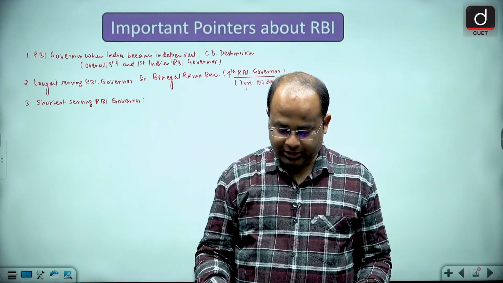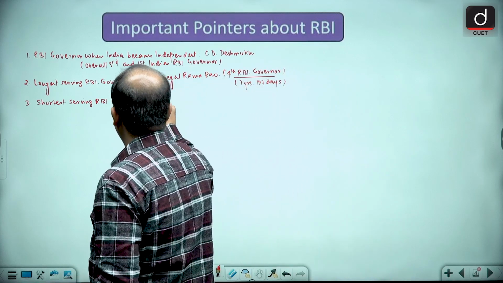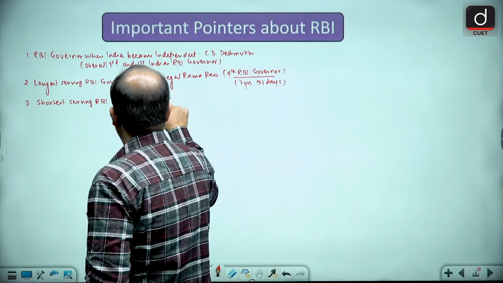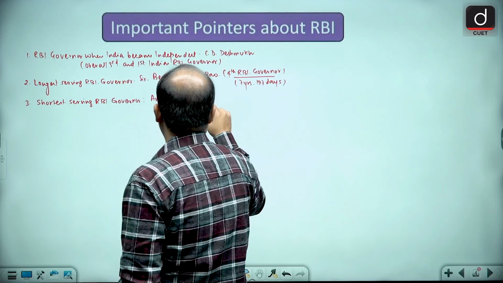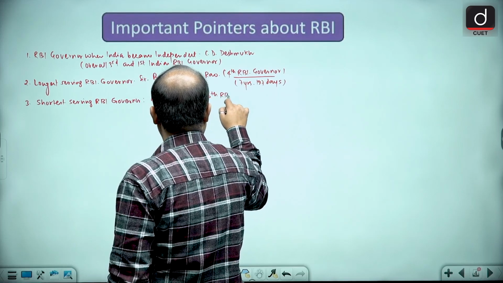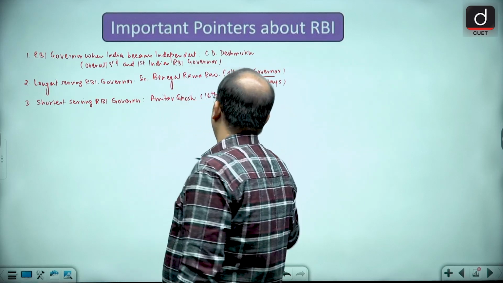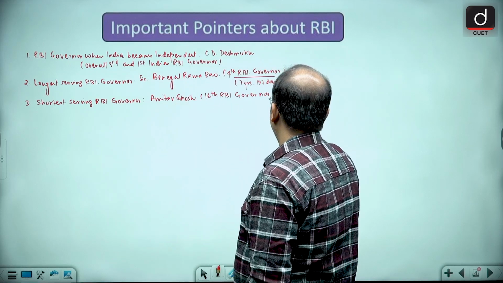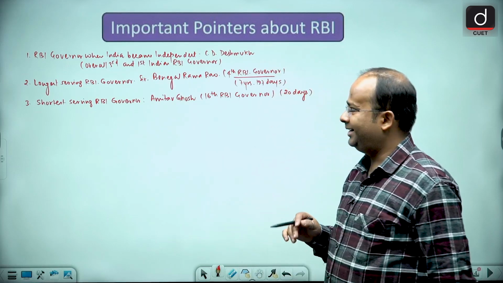Who was the shortest serving RBI governor? The shortest serving RBI governor was the 16th RBI governor, and that was Mr. Amitabh Ghosh. He served only for 20 days.